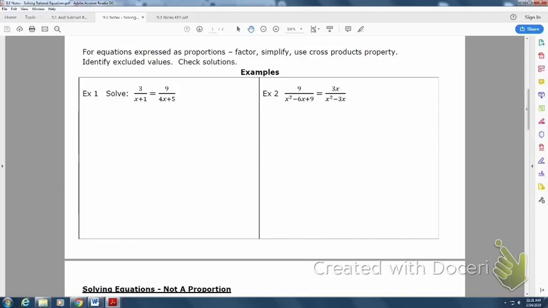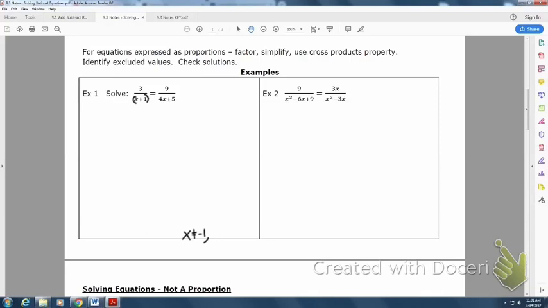If your denominators are just linear factors, I would just cross multiply. Okay, the only problem is you still have to find what the excluded values would be. So on this, you would need to put that x could not equal 1. And what else could x not equal on this problem?